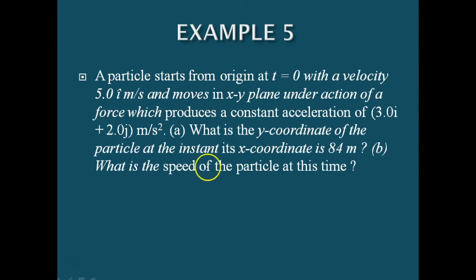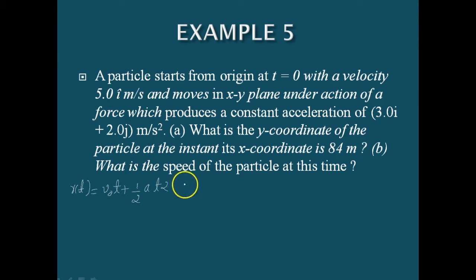To find the y coordinate, which is related to position, the position vector of the particle is given by r = r0 + v0 t + ½ a t², isn't it?